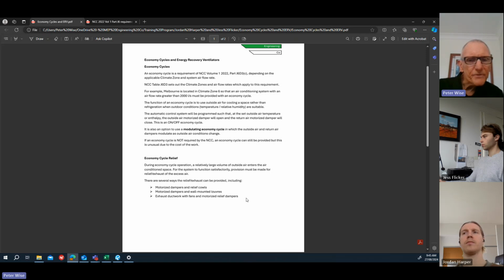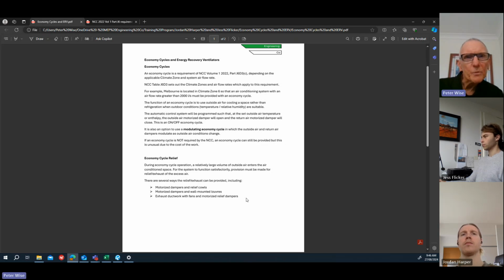And say it's 13, 14 degrees. If you're sitting in an office which is fully occupied, you've got computers on, people are in there, lights are on, without air conditioning, it can get very hot in the office, even though it's cold outside. So in that situation, instead of running the refrigeration for the air conditioning to cool the space, outside air is ideal. So you can just bring outside air in.